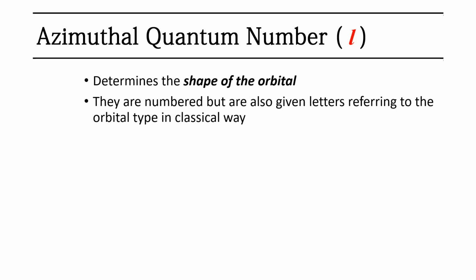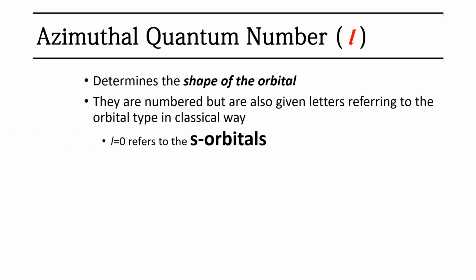Different azimuthal quantum numbers represent the shape of the orbital. That means different azimuthal quantum numbers L define the different shapes in which an electron can exist around the nucleus. They also have a letter to represent these quantum levels.